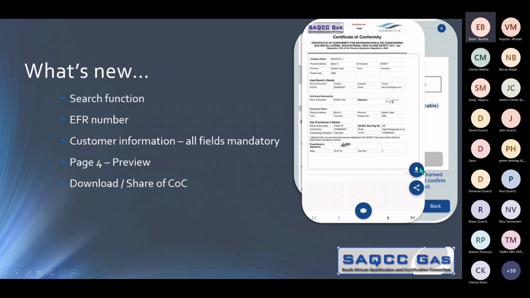It has a download function where you can download it to your phone or tablet. It also has a share button option, so you can share your CoC via WhatsApp, Teams, Telegram, or email, depending on what program you have installed on your tablet or phone, which makes it easier to share directly with the customer or user at that moment.